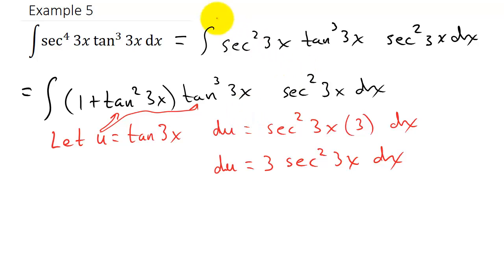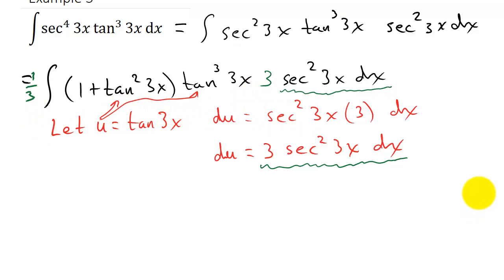Now, let's look at this. Here I have 3 secant squared 3x dx, but here I only have secant squared 3x dx. I don't have this 3 here. So remember, you can multiply by 3, but if you multiply in here by 3, you're going to want to come out here and multiply by 1/3, and that would be the same thing as multiplying by 1, and that's why we can do that.